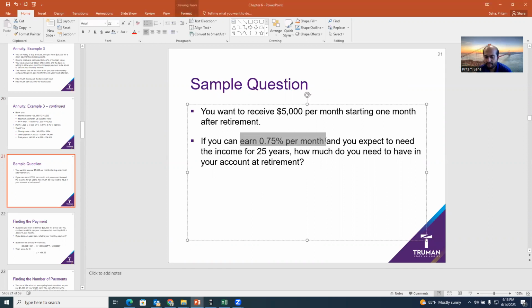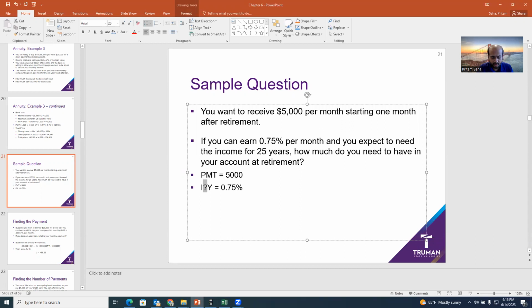This is your monthly rate of return. And you want this to continue for 25 years. So 25 years means 25 times 12, 300 payments, okay? How much do you need to have in your account at retirement? Your payment is 5,000 positive because I'm receiving it. Interest rate is given, 0.75%.